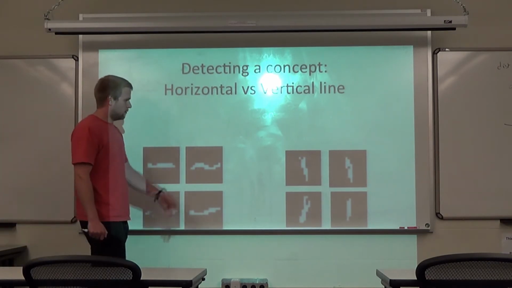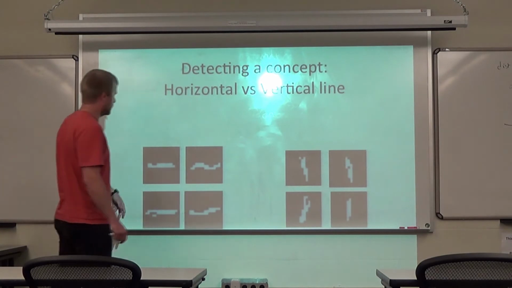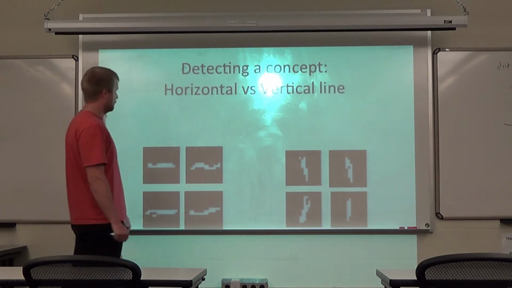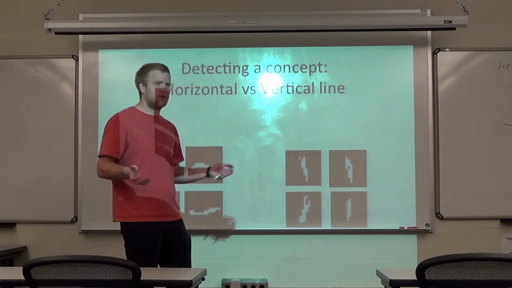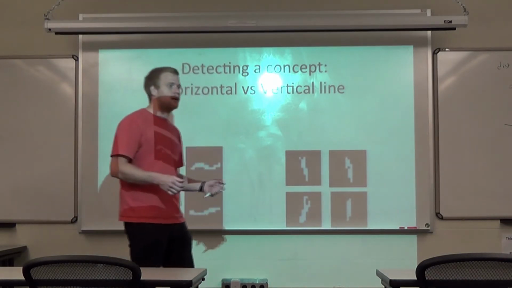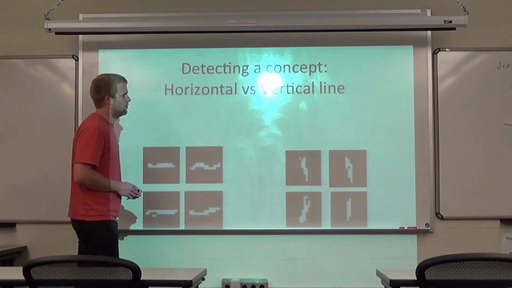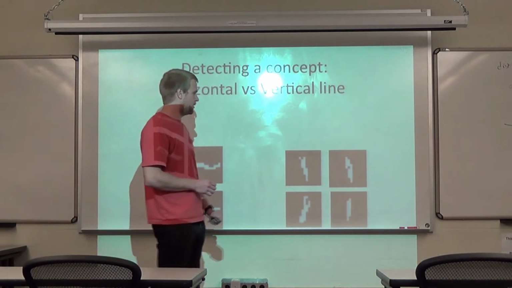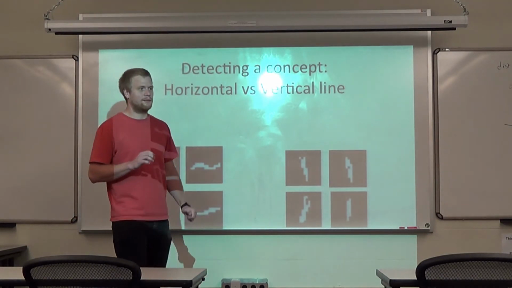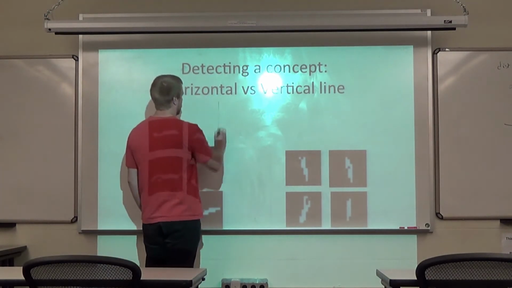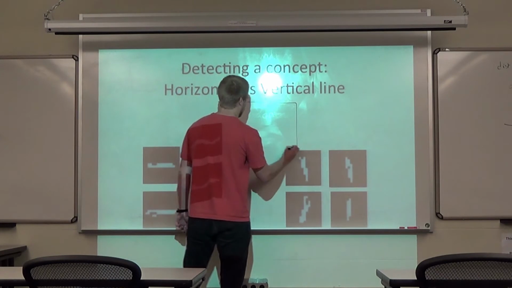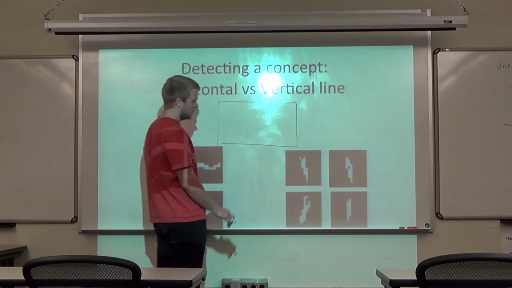Okay, so before we were talking about trying to detect this concept, and we came up with a pretty good weight set that would do a pretty good job. But it turns out that if you run a neural network on this data, you might get something a lot simpler. You might just have a weight set in which it chooses a single pixel.